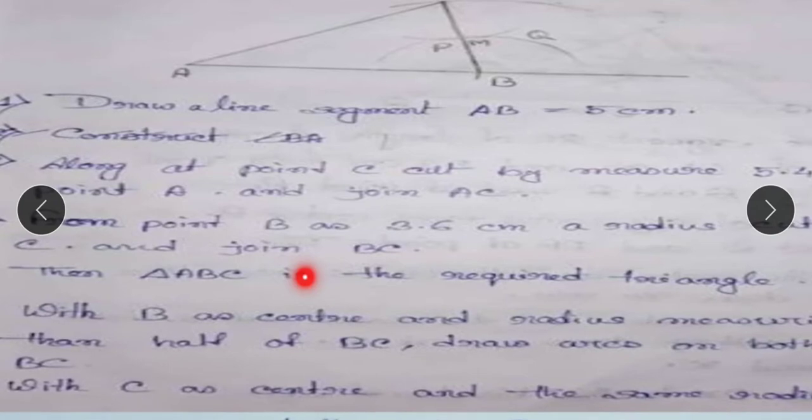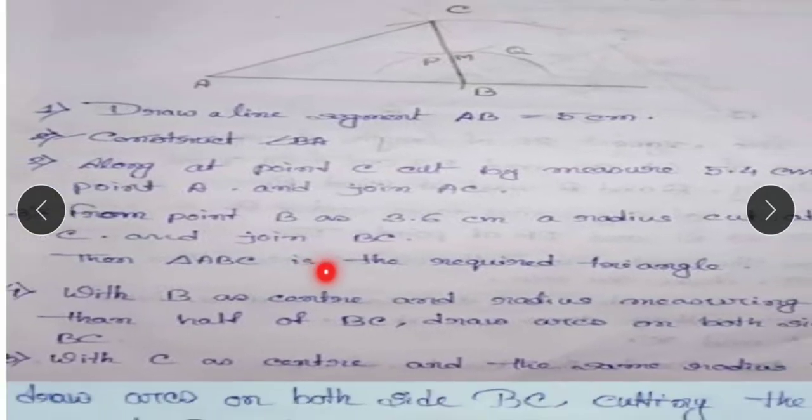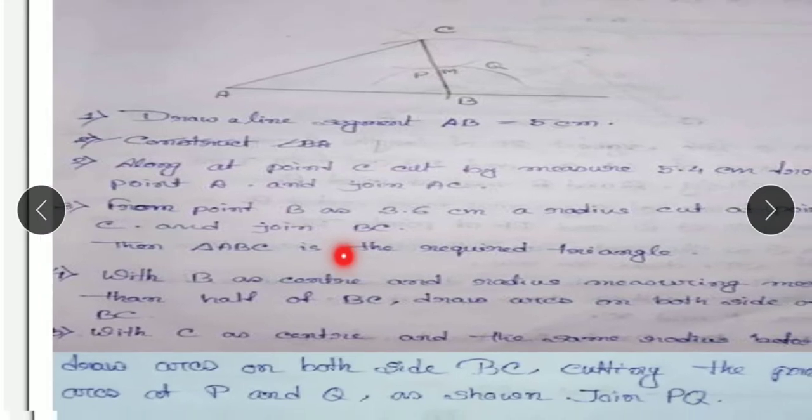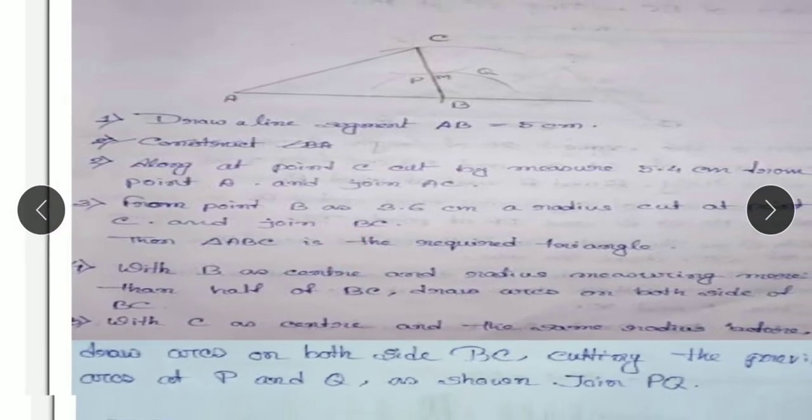Construct angle CBA, and along point C cut by measure, draw point A and join AC.